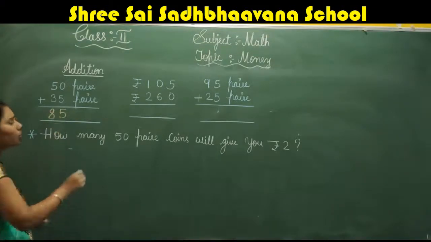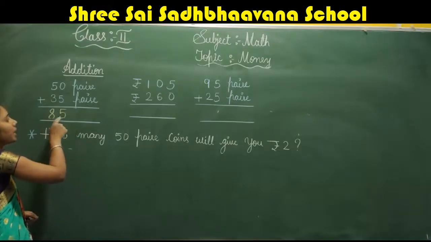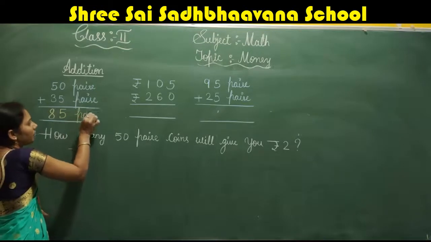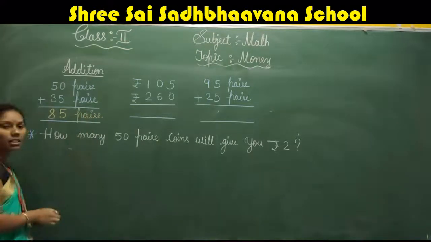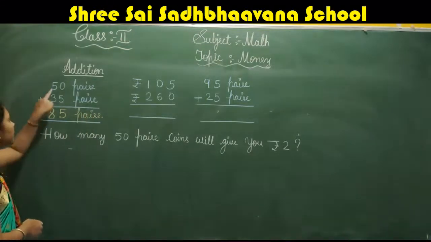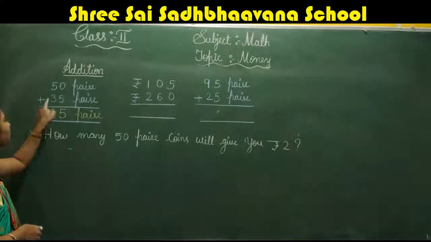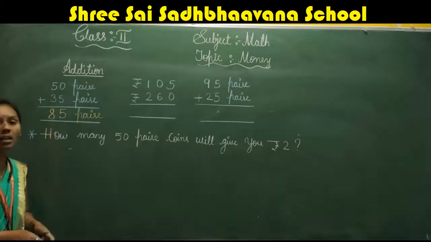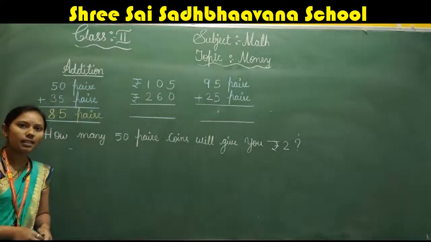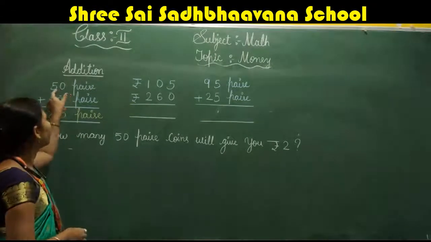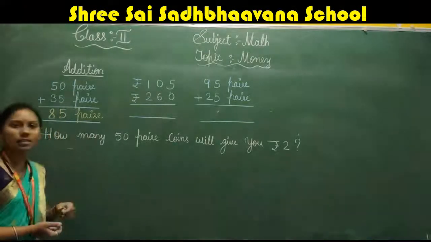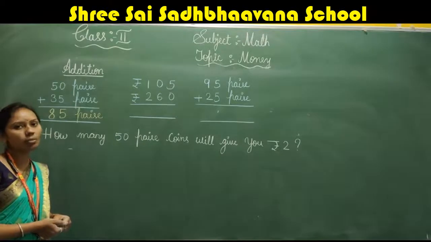So the amount we got here is 85 paise. That is, 50 paise plus 35 paise is equal to 85 paise. Right, children? So when we add paise to paise, we get the sum in the form of paise.